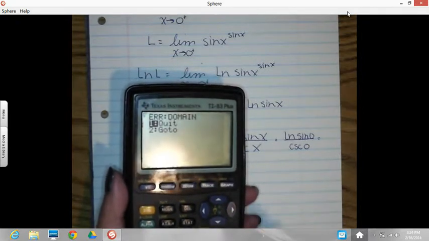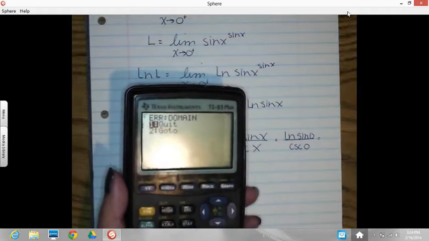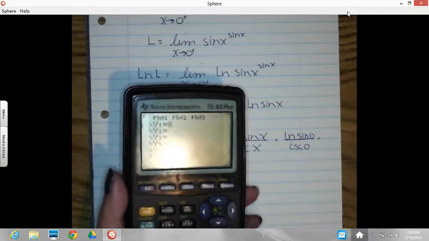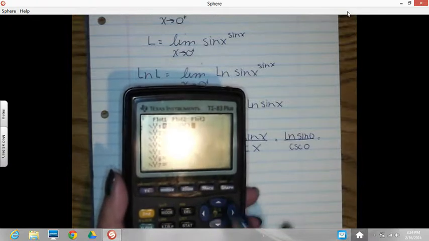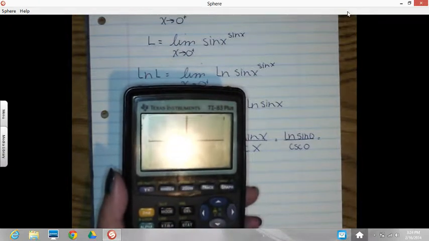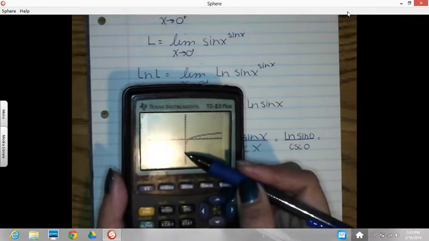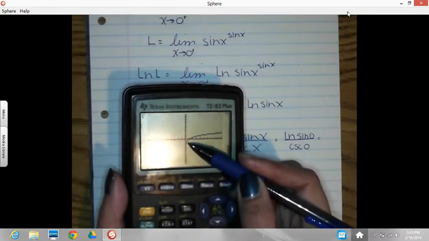But if you look at the natural log of x, the function, we should have probably explored this function before we just kept using it. As I approach 0, what's happening is it actually never touches it.